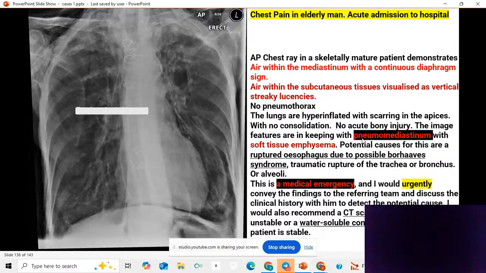So, the management of pneumomediastinum is by detecting its potential cause, either by discussing the clinical history with the referring team, or by the patient undergoing a water-soluble contrast swallow study to exclude esophageal rupture if the patient is stable, or to detect the esophageal or tracheal or alveolar cause by doing a CT scan if the patient is unstable.